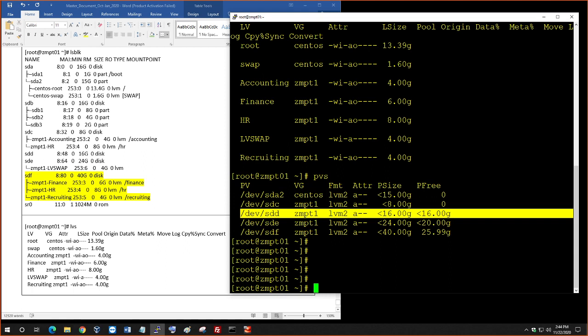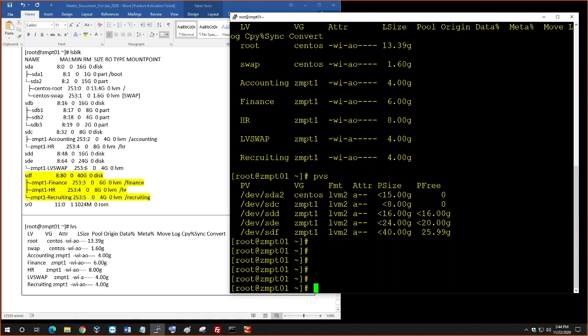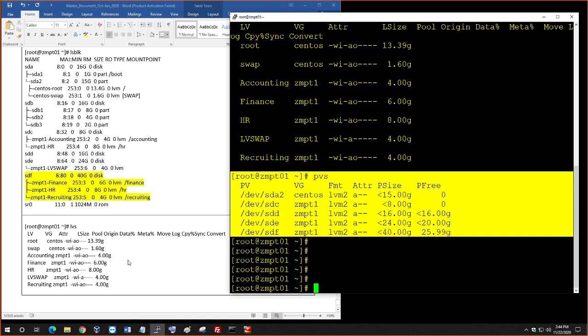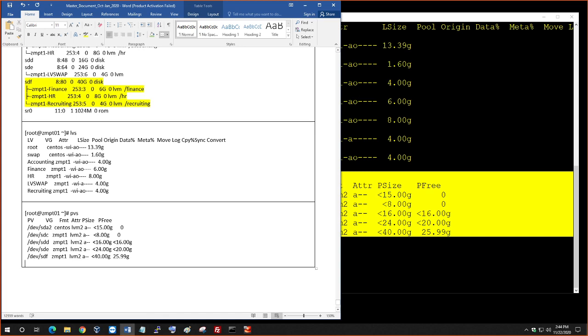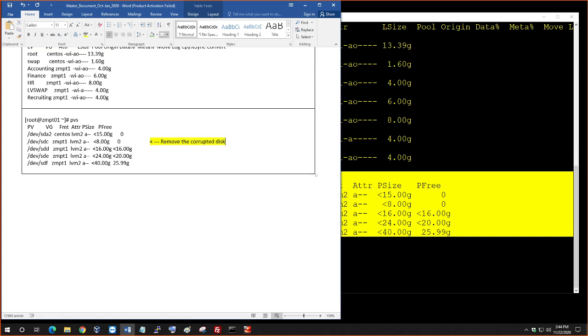It's not good anymore, so let's go ahead and remove it. So remove the corrupted device disk.